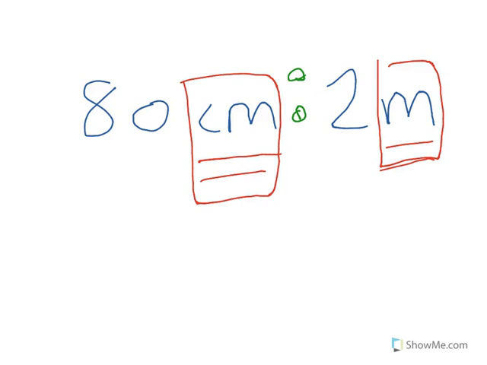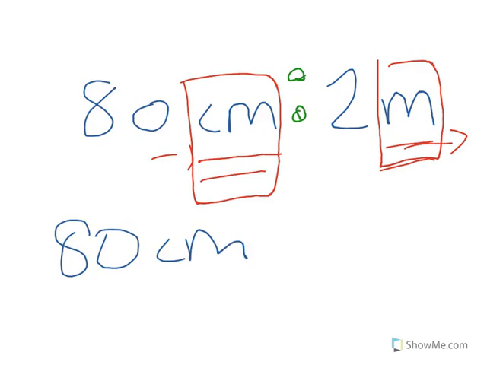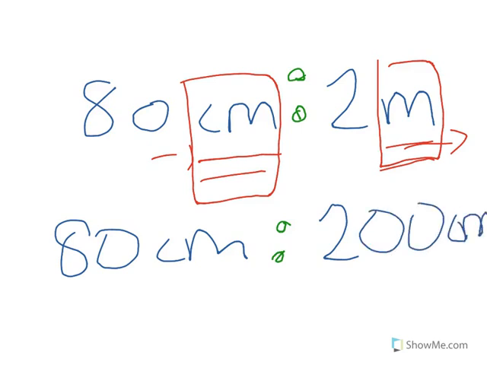Before you're doing it, I will convert meters into centimeters. So that's 80 centimeters, and then the ratio, that's 200 centimeters, because 1 meter has 100 centimeters, so 2 meters is 200 centimeters.